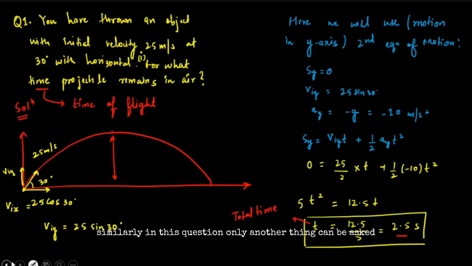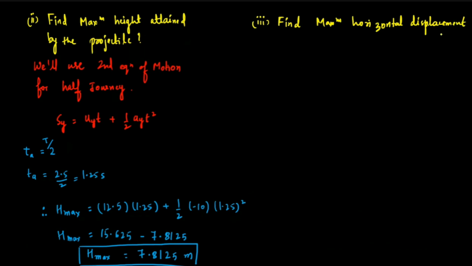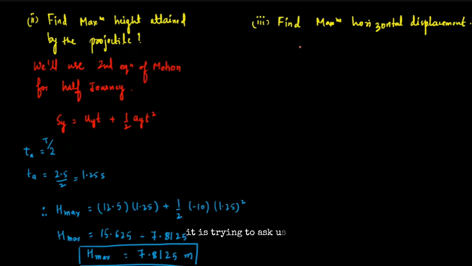Similarly, in this question, another thing can be asked: what is the maximum horizontal displacement this object has? This is the easiest one. So the question can ask to find the maximum horizontal displacement. How can we do that? Maximum horizontal displacement means it is asking for the displacement in the x-axis.